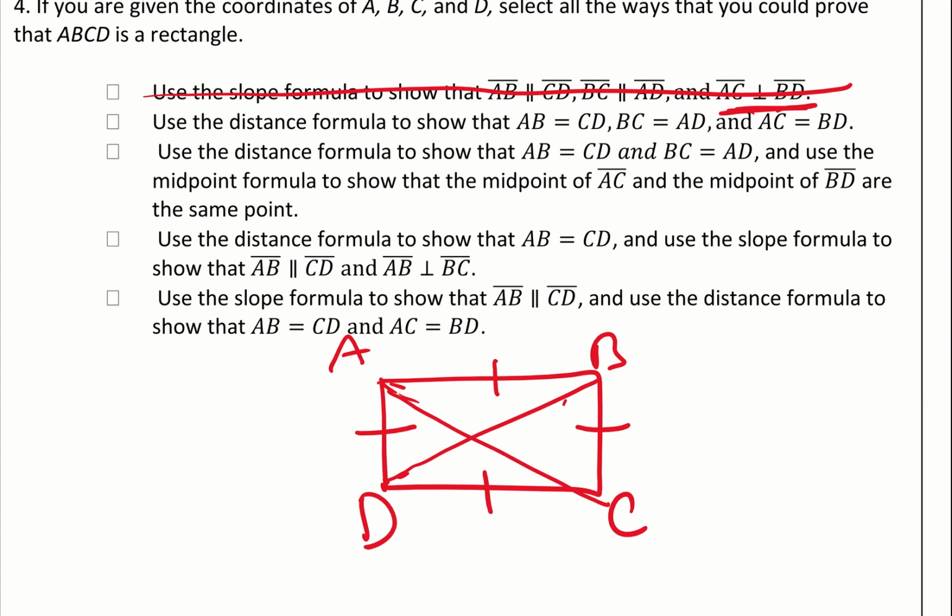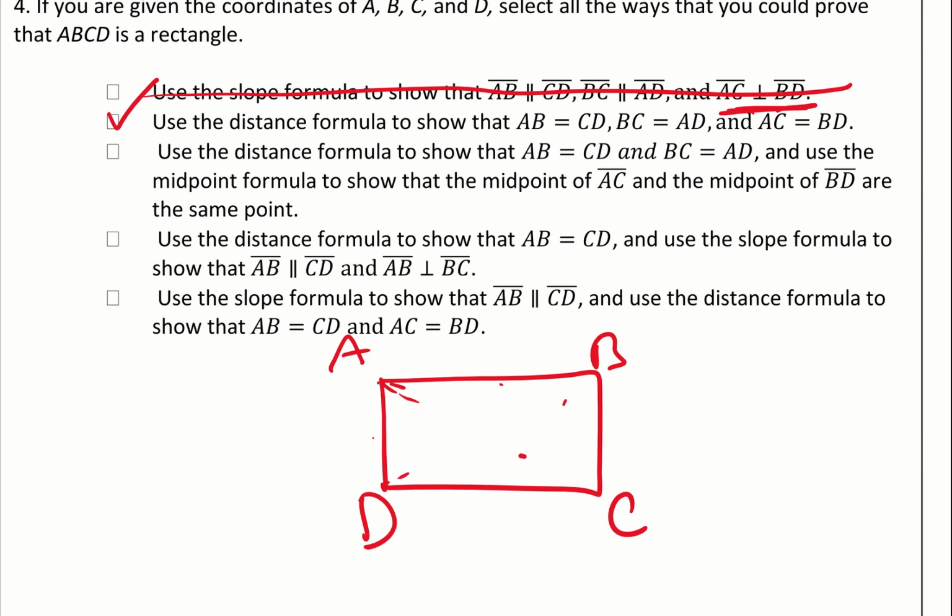A rectangle is a parallelogram, and we know it's a parallelogram because we proved that the opposite sides are congruent. And so a rectangle is a parallelogram with congruent diagonals. We established that yes, it's a parallelogram, it does have congruent diagonals, and therefore it's a rectangle. So that is a more direct way to prove it's a rectangle.